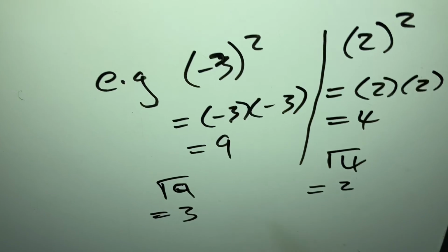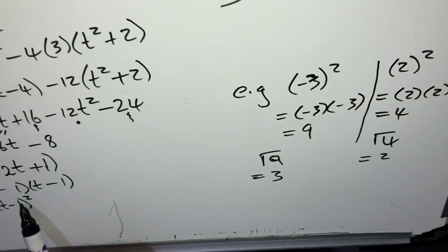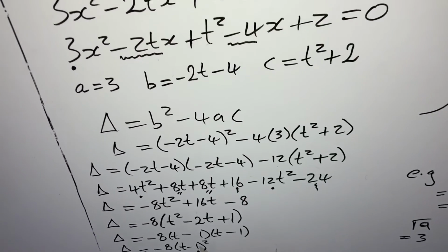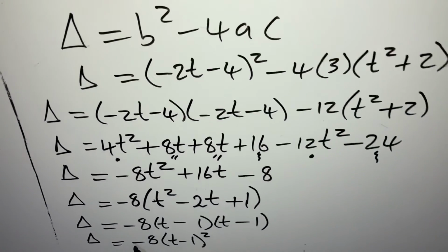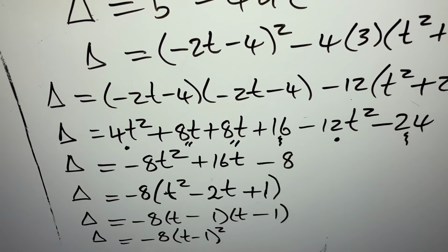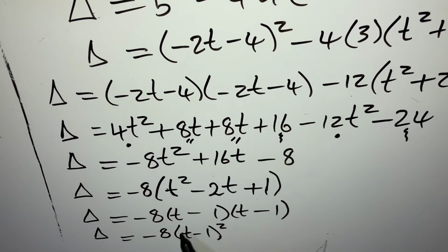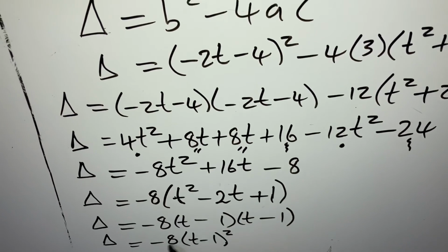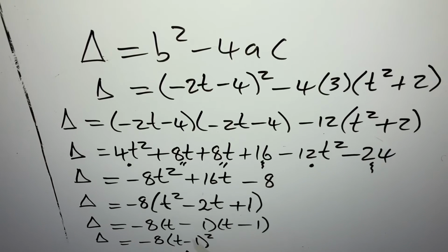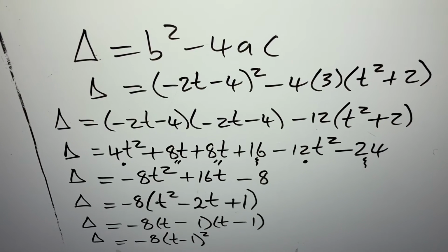So now, we conclude that this will surely give me a positive. But I still have to multiply it with a negative, which will make my delta negative.